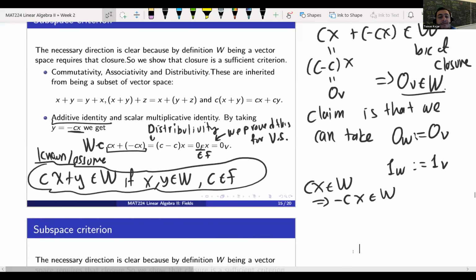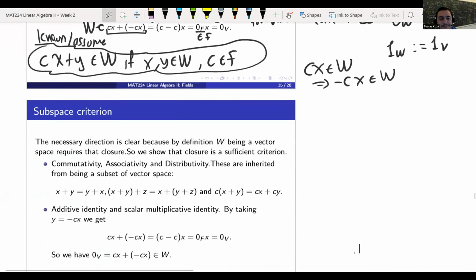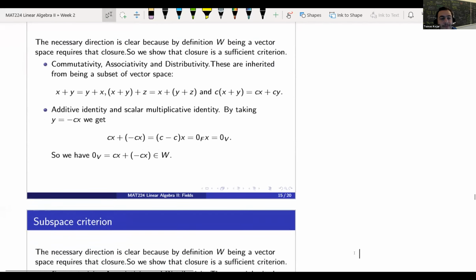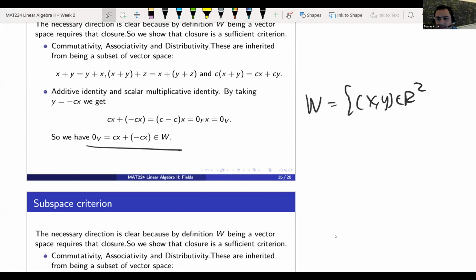All right, so we showed that the zero element is still in the space. An example where you don't have that, which we will do later, is you take (x, y) in R^2, but you fix x + y to be 1.